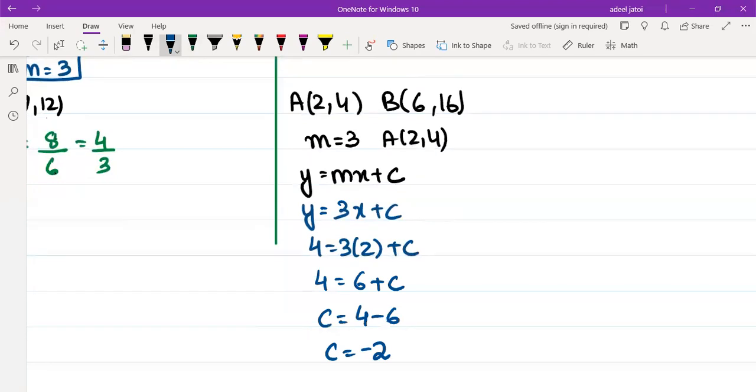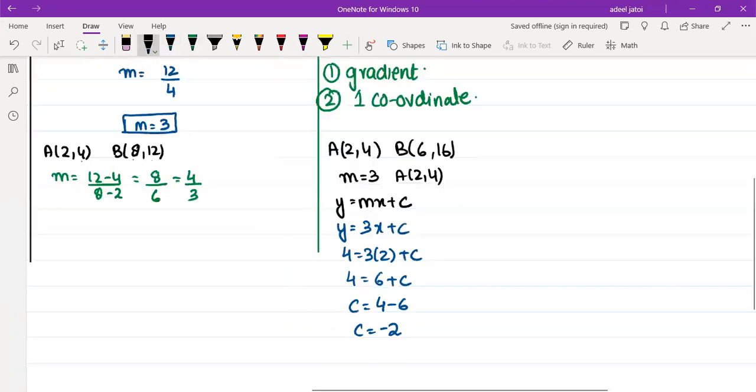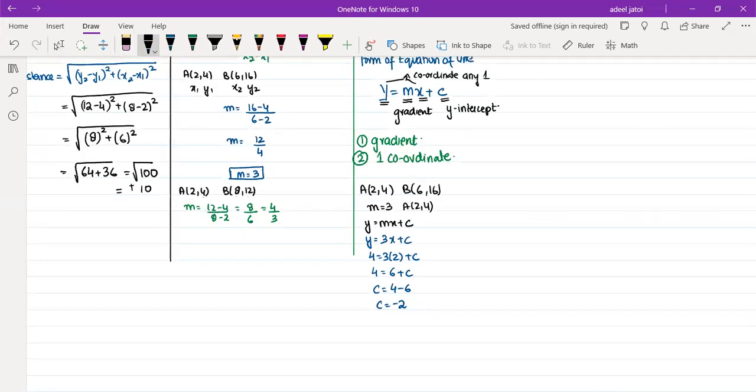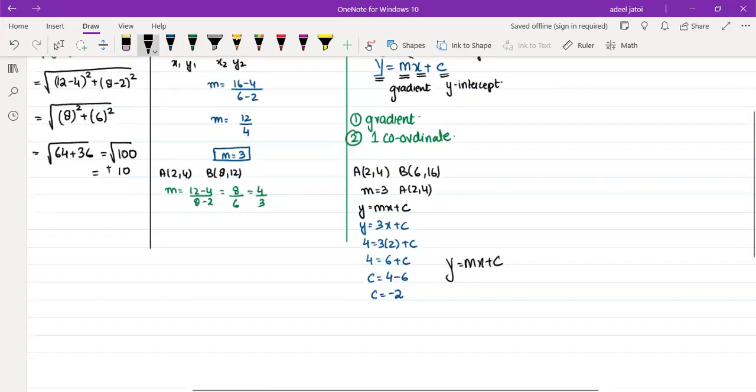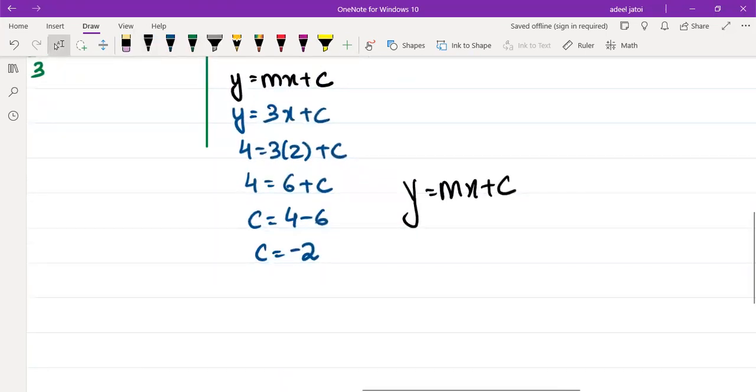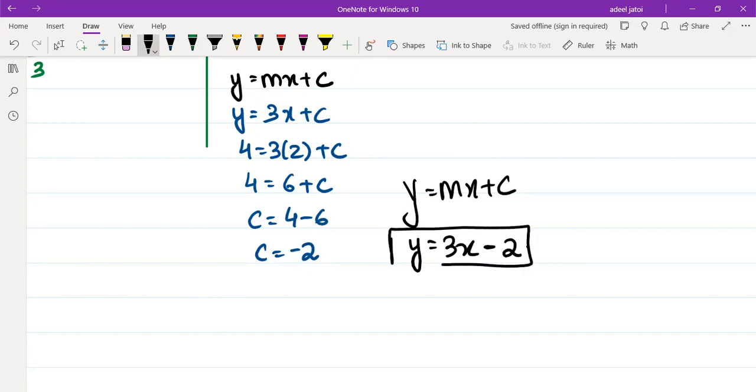Since the form of the equation of line is y is equal to mx plus c, and your gradient is 3, you will write 3x minus 2, leaving x and y as they are. This will be your equation of line.